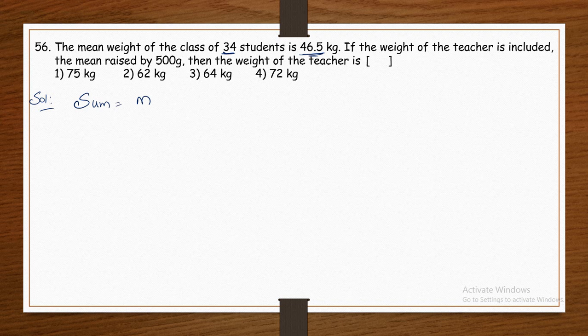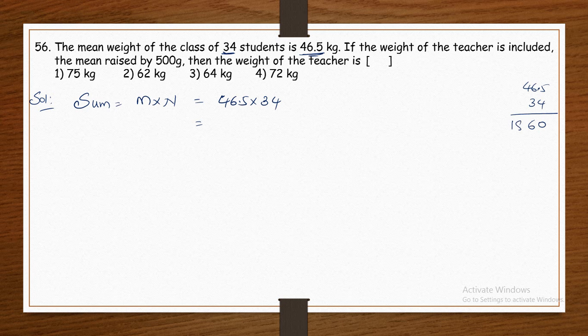So sum is equal to mean into number of observations. So the mean is 46.5 into 34. So what is the value? When you multiply 46.5 by 34, what am I going to get? 5 4s are 22, 2 is carried. 4 6s are 24, 26, again 2 is carried.